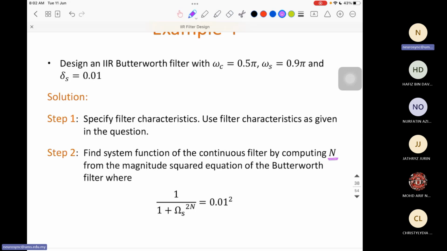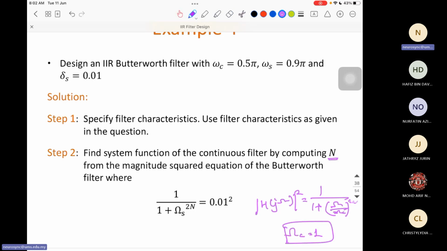We know the relation for the magnitude square spectrum, that is the mod of H(j omega) squared, which is equal to 1 by 1 plus capital omega divided by omega c to the power 2N. For simplicity we always put omega c equal to 1.